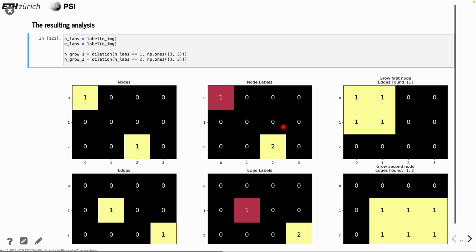And then we can see that this node overlaps with the first edge. So that's fine. Now the second step is we dilate the node number 2. And now we see that it overlaps actually with the edges 1 and 2. So the second node has two edges connected, and the first node only had one. And this is the approach we have to iterate over all nodes and edges. And with that, we can get a connectivity map of our structure.